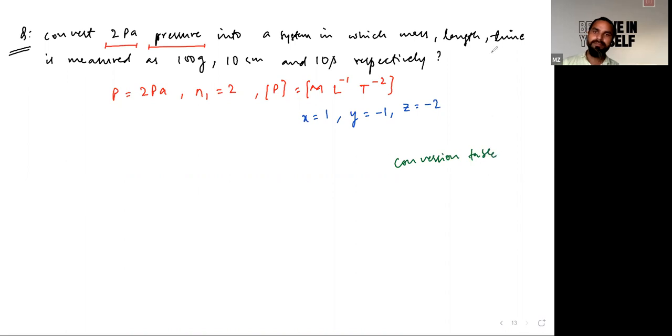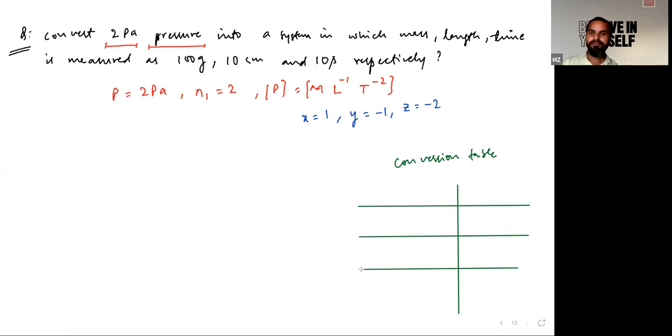Conversion table. We have, just see in this particular part, we are defining the term in terms of SI unit.